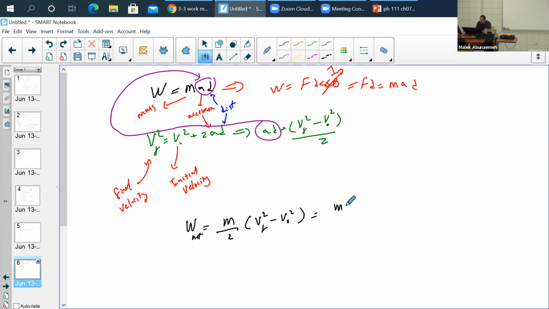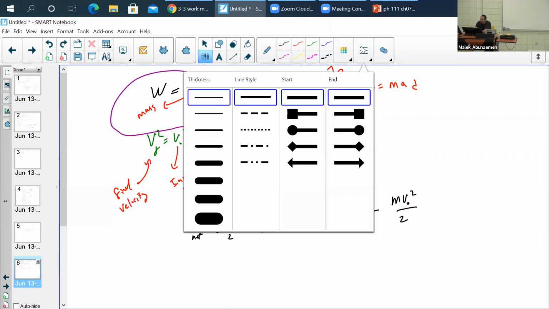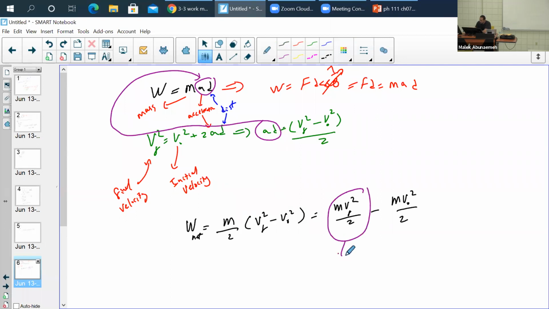Opening it up, you get M V final squared over 2 minus M V naught squared over 2. Well, what a coincidence. This first term is going to be your final kinetic energy, and this one is going to be your initial kinetic energy.